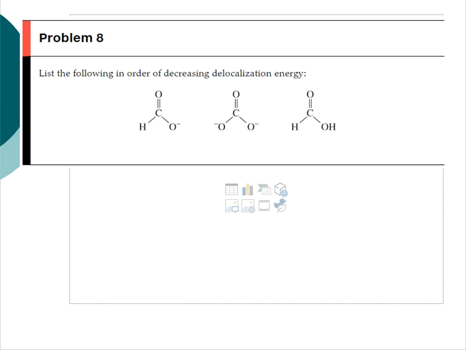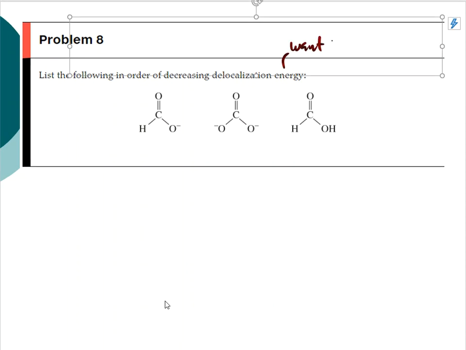So let's take a look at another example problem. It says list the following in order of decreasing delocalization energy. All right, so delocalization energy means it wants to delocalize. Which one of these would prefer delocalization to take place?